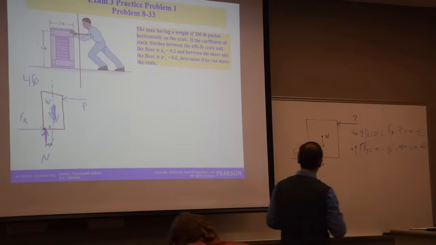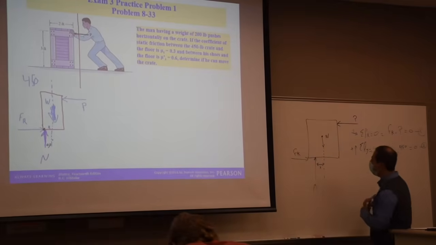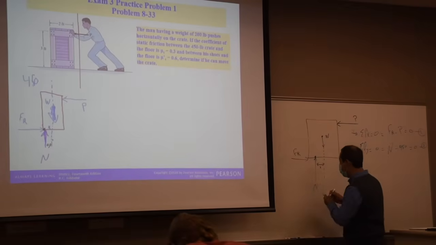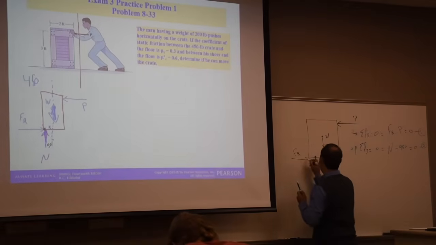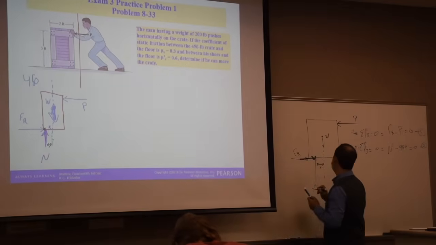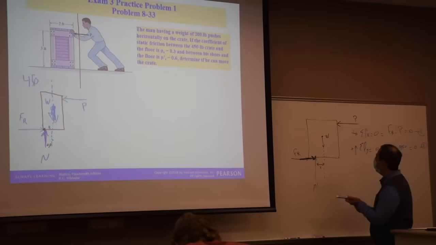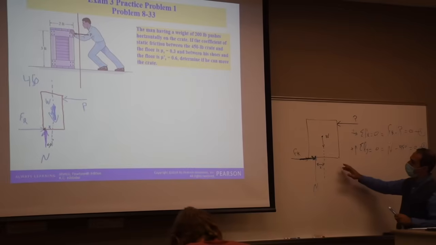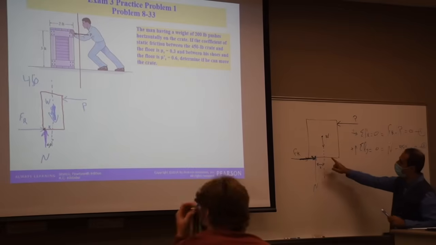I have a distance here. So I'm going to look at this point. So let me do the friction here. If I would like to look at the moment, so if any tipping is going to happen, it's going to be happening around this point.